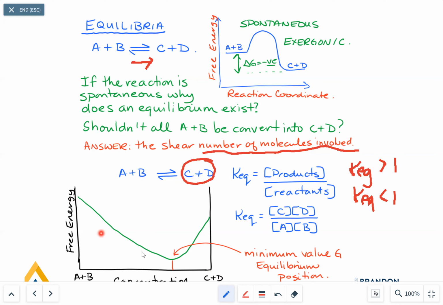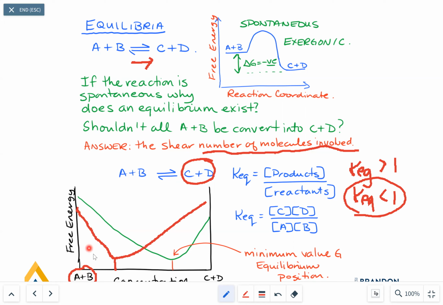There's going to be a low point in between the two of them, and that's where the equilibrium is. So this could be 75% C and D, 25% A and B. If the bar was over here, then the majority of it would be A and B, and this would be a system where the equilibrium constant favored the reactants.